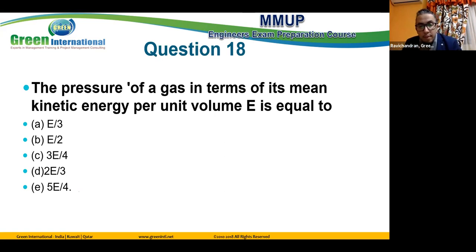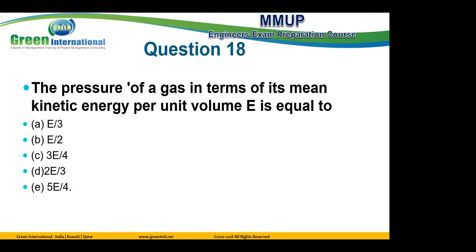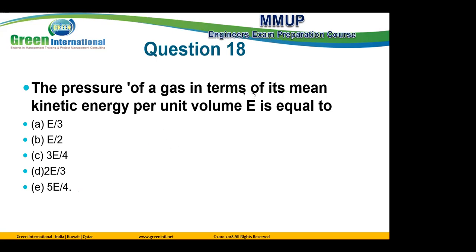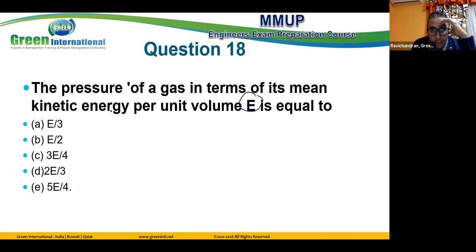No idea? Here you need a relation between energy and pressure. Actually, we have a relation between the average kinetic energy, or mean kinetic energy, and temperature. This is coming from the kinetic theory relation.